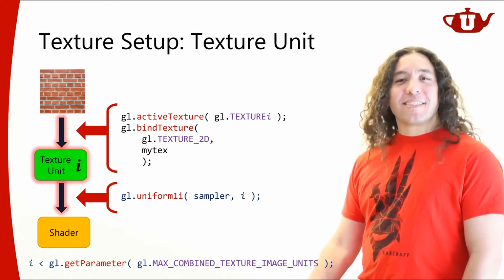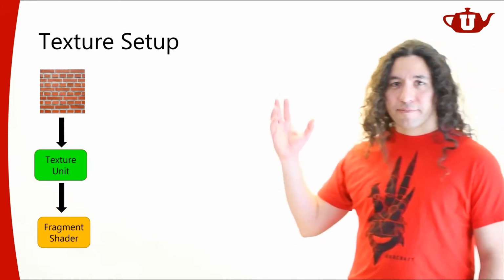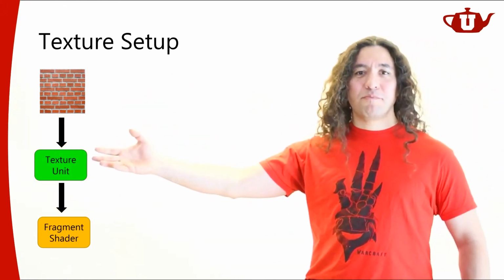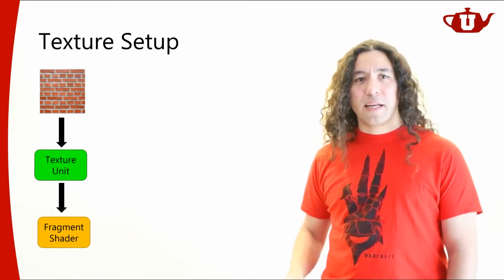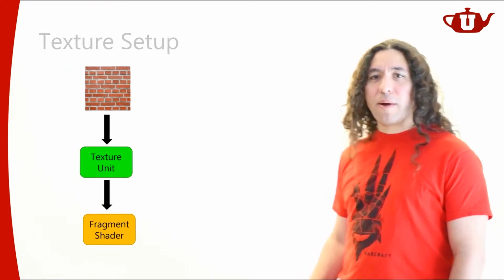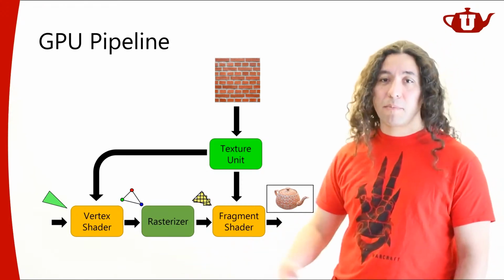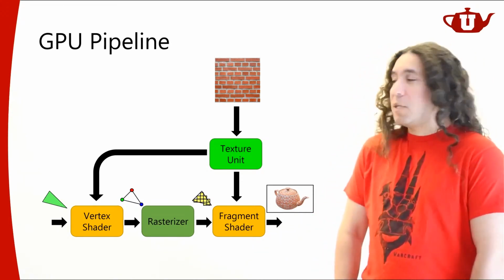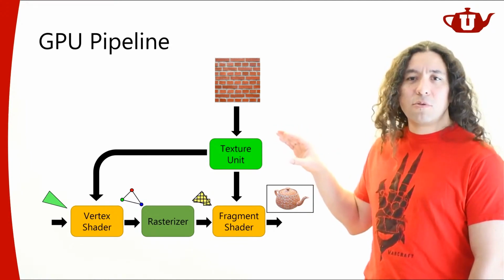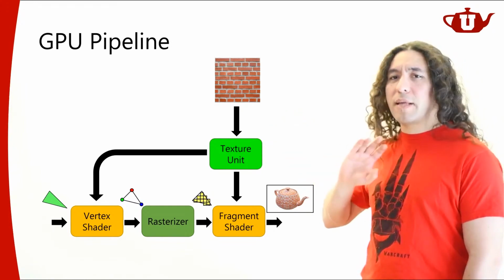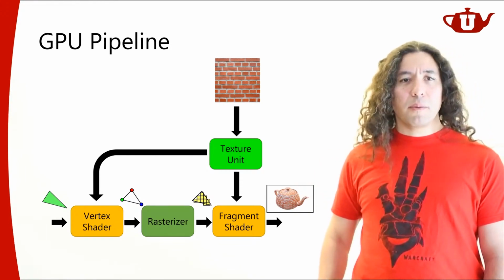Okay? So, to summarize again, I have my texture, I bind it to my texture unit, and then I set my texture unit and I send it to my fragment shader, and this is how I can access my texture in my fragment shader or possibly my vertex shader. And then the GPU will do all of the complicated texture filtering, ST to UV coordinate conversion stuff, all of that complex stuff will be done automatically by the GPU. I won't even need to worry about this.